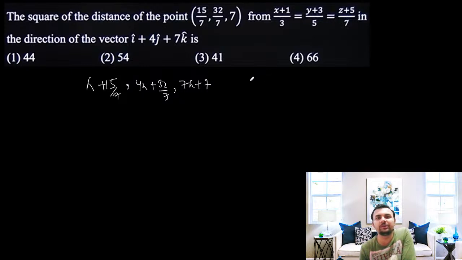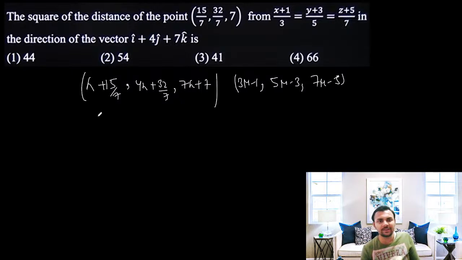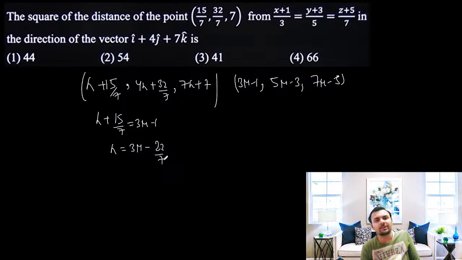And this point would lie on 3 mu minus 1 on one side, and you will get 5 mu minus 3, 7 mu minus 5. So we can say that lambda plus 15 by 7 is equal to 3 mu minus 1. So lambda equals 3 mu minus 22 by 7.